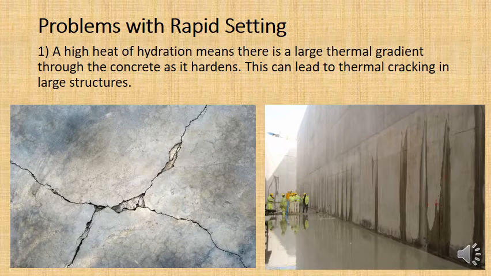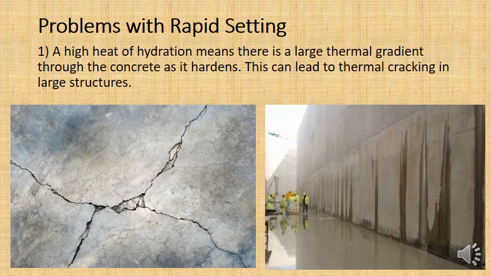Now, why it would matter with rapid setting is that if the concrete is going solid quickly, but remember, even once it's solidified, the concrete will continue to hydrate, the cement will continue to react with water inside that solid.